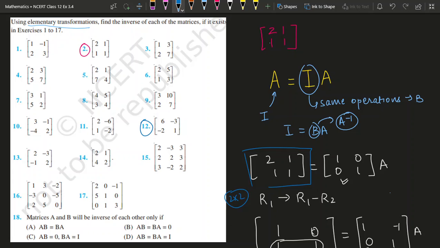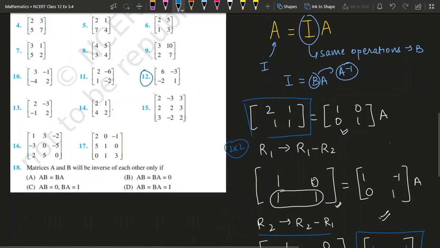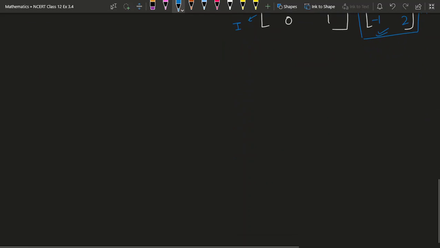That's problem number 12. So you have the matrix 6 negative 3, and negative 2 1. Now in matrices like this, and in all matrices in general, just observe whether one row is a nice multiple of the other.